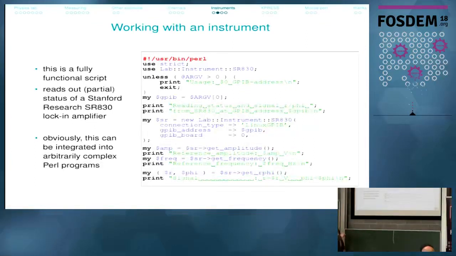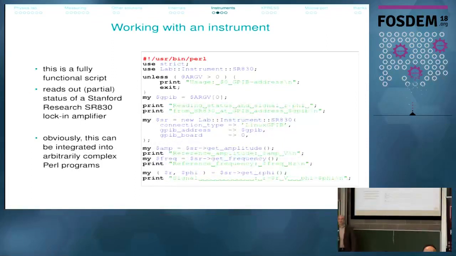We generate the object corresponding to the instrument. This is in this case a Stanford Research Lock-in amplifier, which is connected with GPIB. Address as parameter at the first GPIB board in the PC. And then we read out from there the output amplitude and the output frequency, and we get the input amplitude and the input phase.